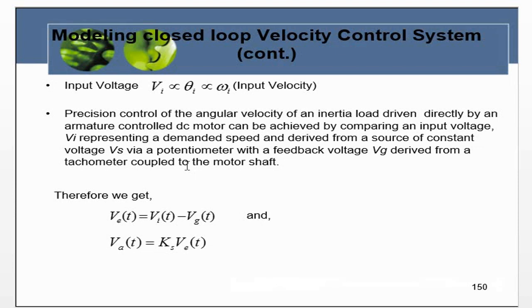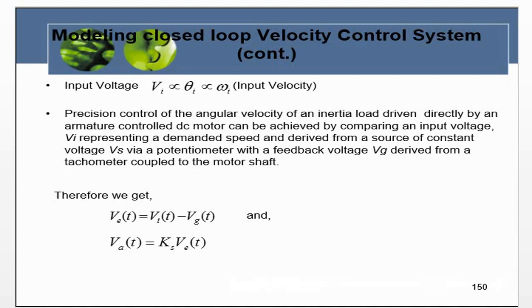Precision control of the angular velocity of an inertia load driven directly by an armature control DC motor can be achieved by comparing an input voltage Vi representing a demanded speed, derived from a constant voltage source Vs via a potentiometer, with a feedback voltage Vg derived from a tachometer coupled to the motor shaft.